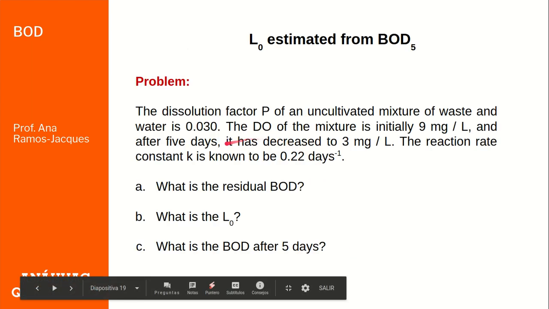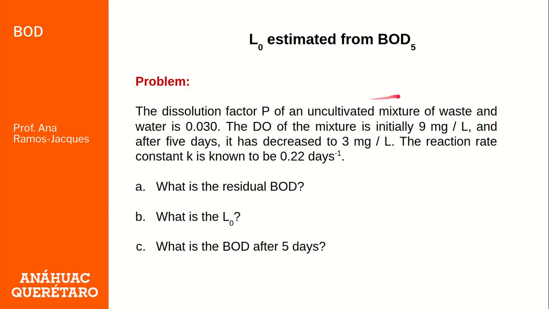Well, this is exercise 2. We can estimate those values of oxygen demand diluted in the flask from the values of BOD5. The problem says the dilution factor P of an uncultivated mixture of waste and water is 0.030.